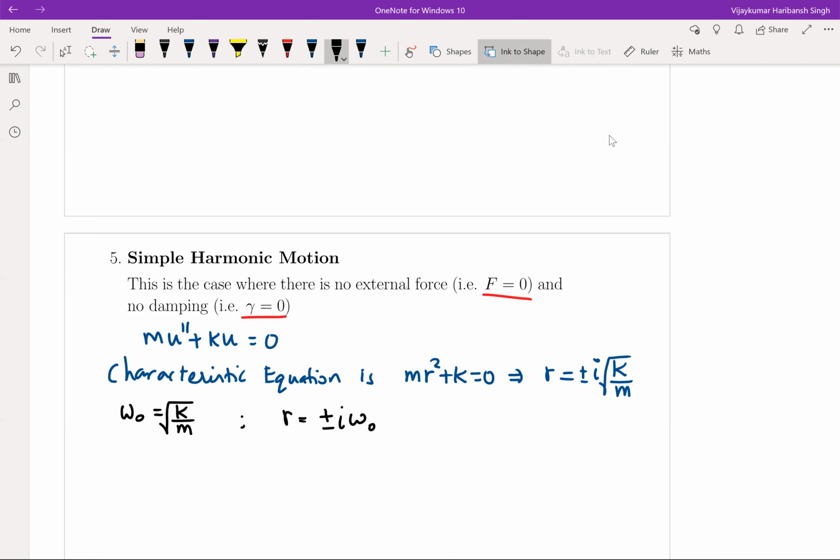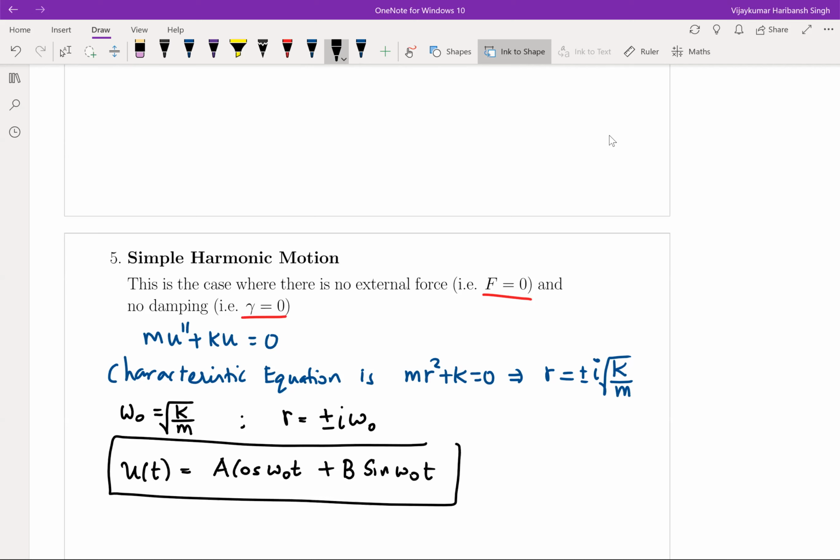And you already know the solution to this. The solution is given by u(t) equals A cos omega naught t plus B sine omega naught t. So this is the solution we got for this differential equation.